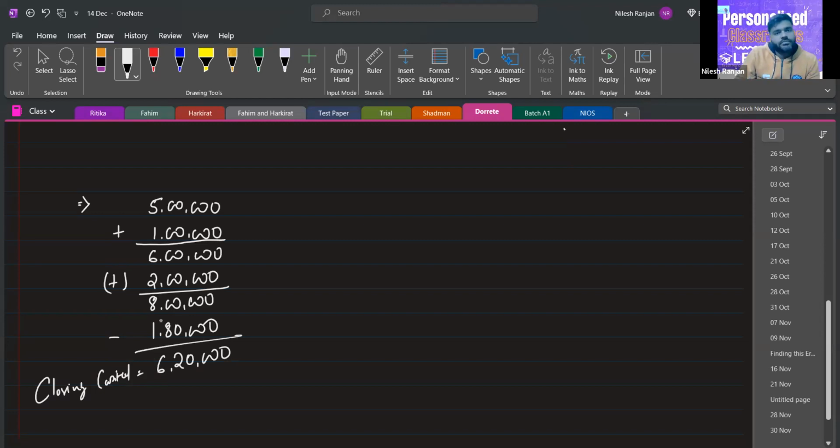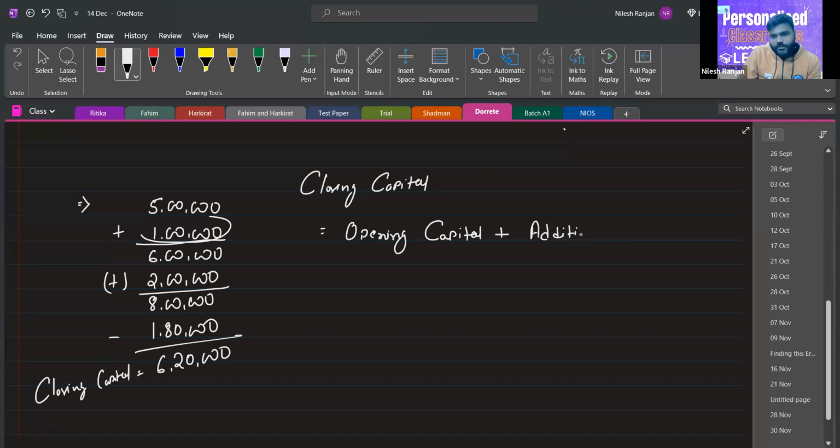Now if we have to calculate closing capital, then the formula for closing capital will be opening capital plus additional capital, if we have invested more capital during the year. So we will add additional capital.